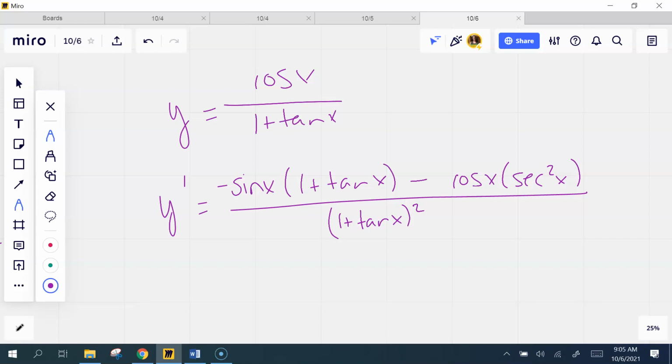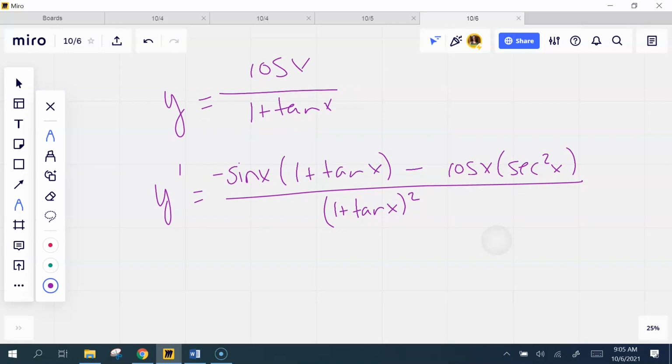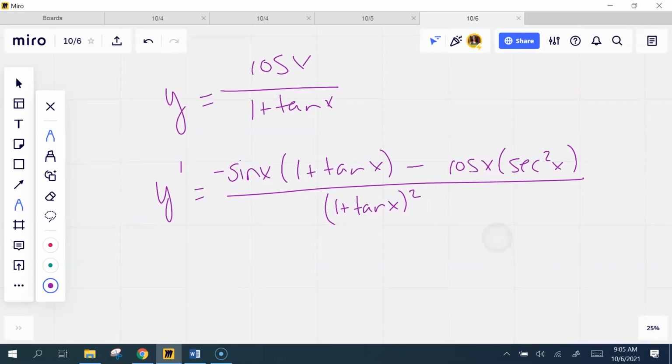Yeah. It doesn't work like that. Work it out how? Oh no. You did what now?